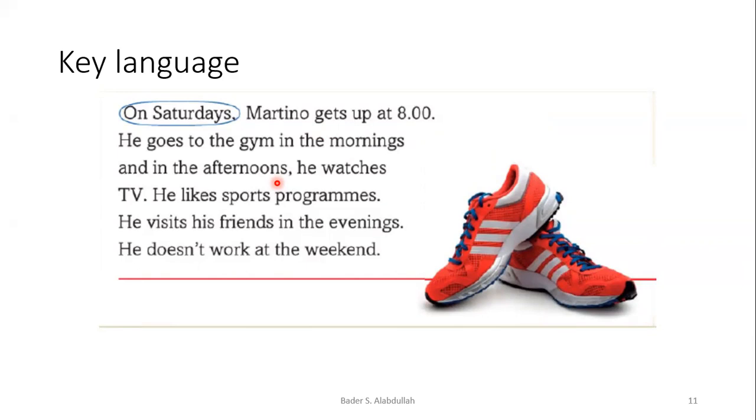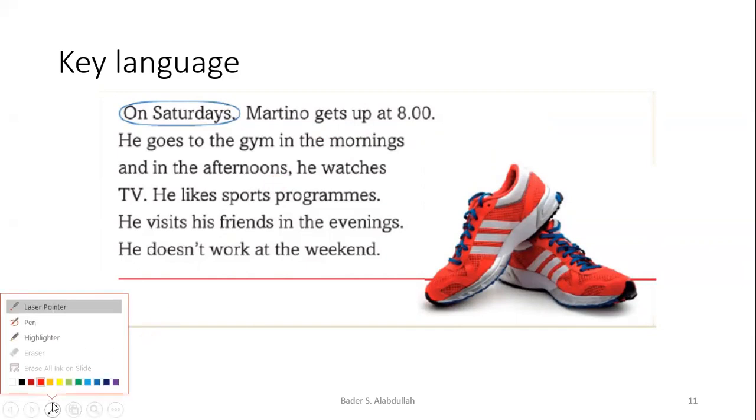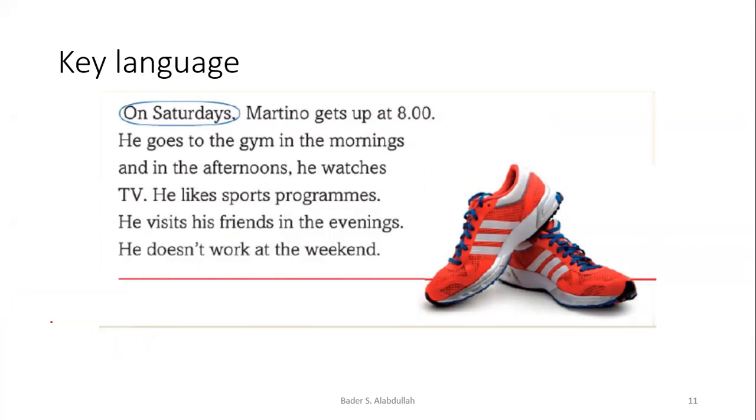He doesn't work at the weekend. Okay, this is the text. So let's see what time prepositions we can identify here. Well, the first one is on. We have at 8, at a time.